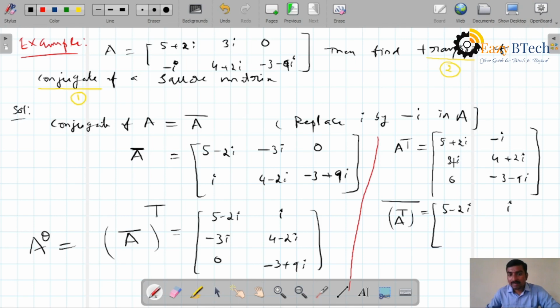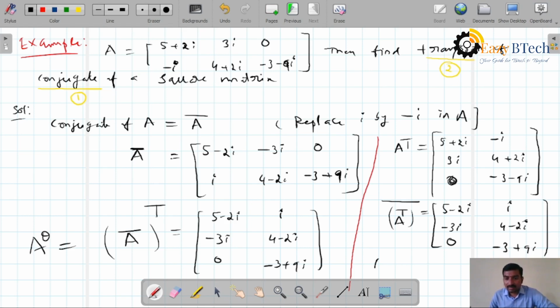Here 3i becomes minus 3i. Here 4 plus 2i has conjugate 4 minus 2i. This is 0, a real number, and its conjugate is also itself. Minus 3 minus 9i becomes minus 3 plus 9i. Again, we got the same matrix.